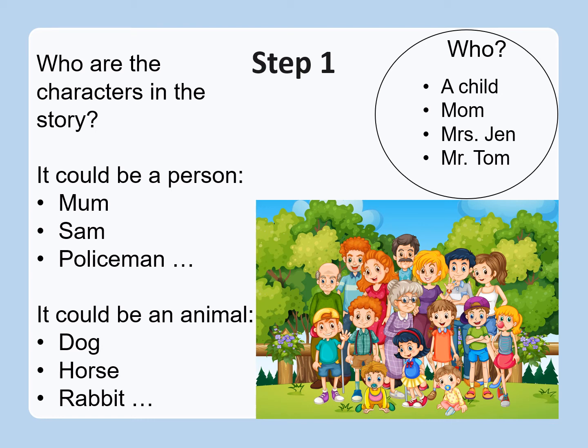In the text we're working on today, we have 4 characters. The main character is the child, the person who's shoveling all the snow, clearing the driveways. There is Mum, there is Mrs. Jen, and Mr. Tom. Those are the characters that we're going to remember when we write our summary later, because those are some of the key points in the story.